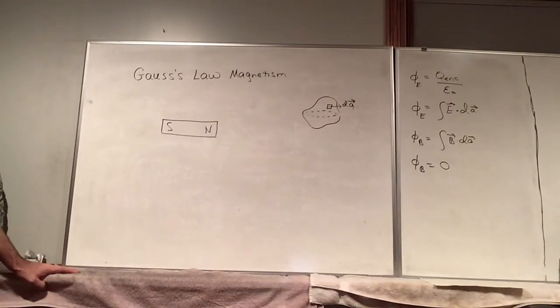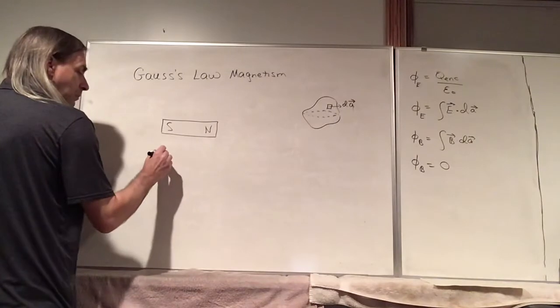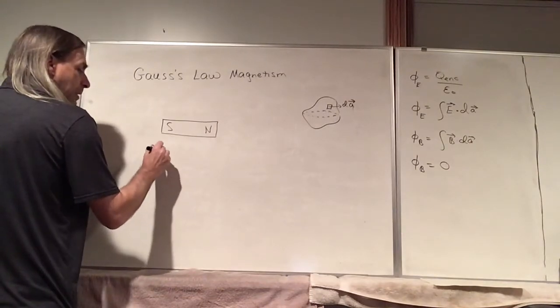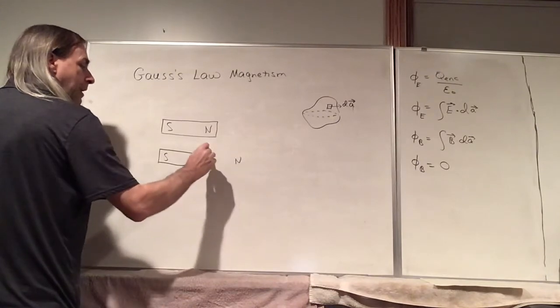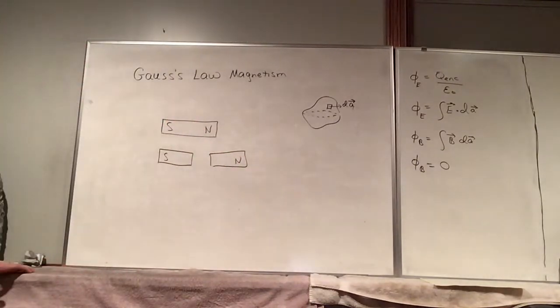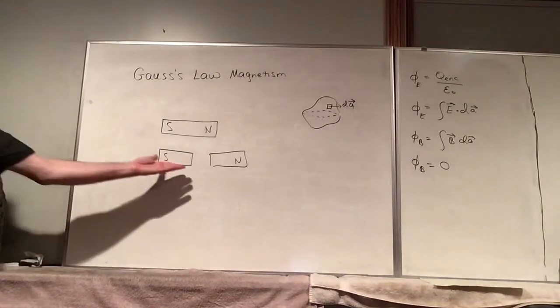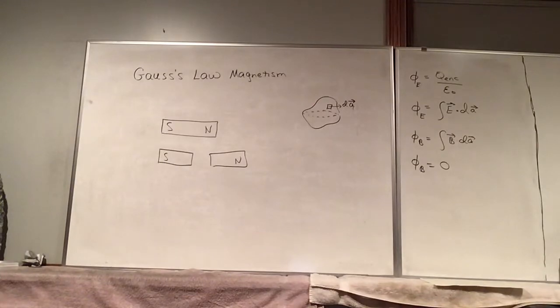But what's different about them, say we take this magnet and break it in half. So you might expect something like this. One end has a north pole, the other end has a south pole. And so we break it in half, and we might expect a south pole here and a north pole here, but that's not what happens.